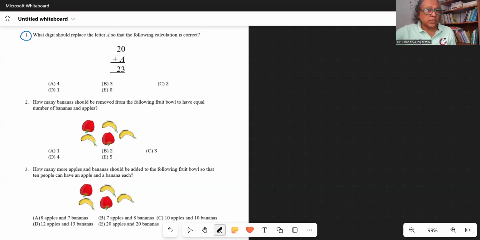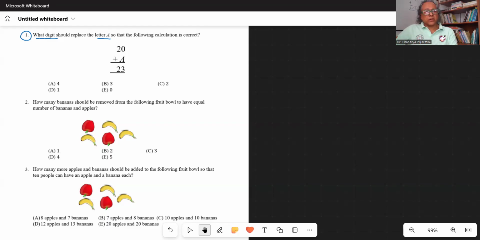It says what digit should replace the letter A. So the letter A is used to stand for this digit, which is what you need to find. And when you add that digit to 20, you get 23. So this is a very easy question.